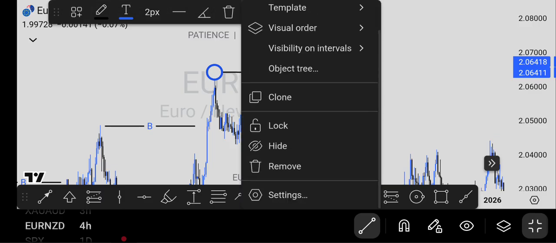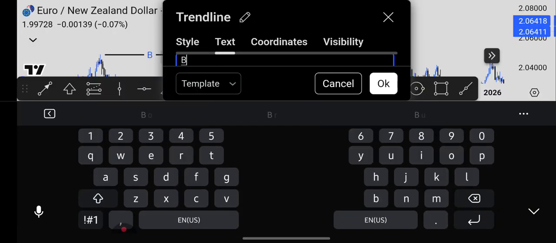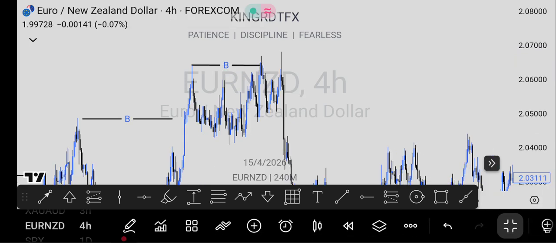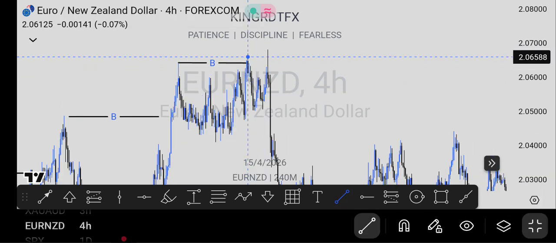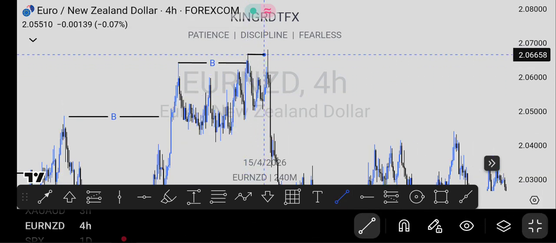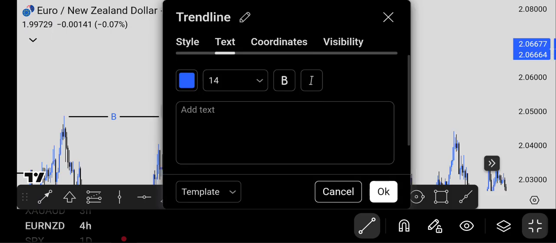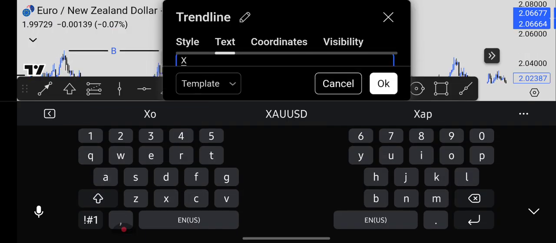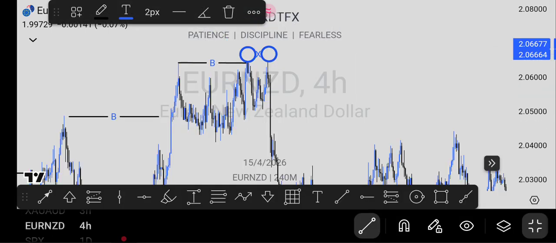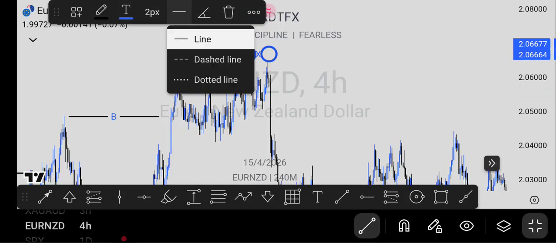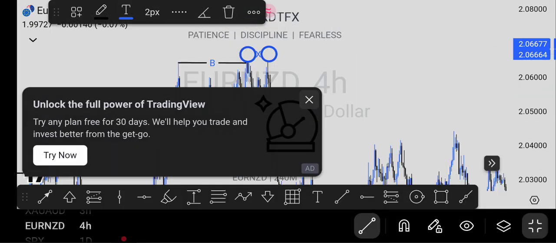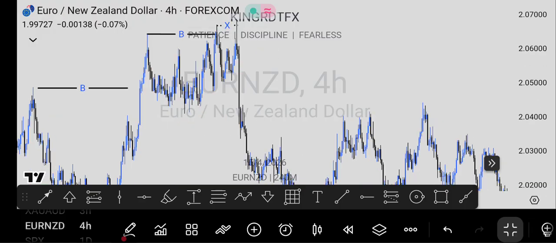We had a break of structure there, and then we had a liquidity sweep right here. This is our liquidity sweep, right?